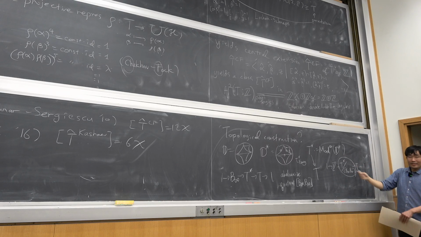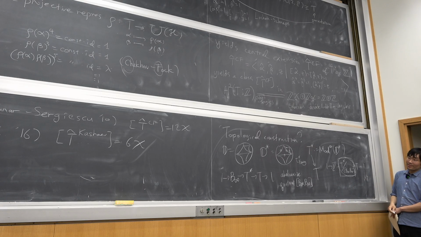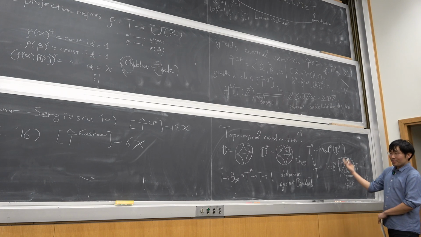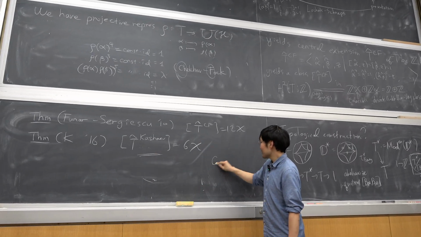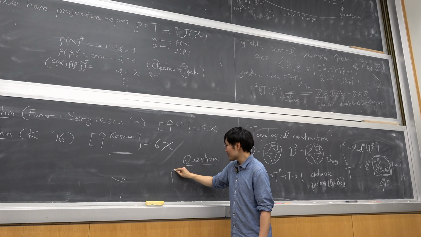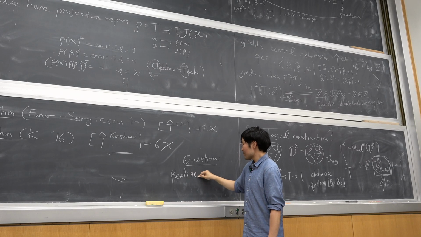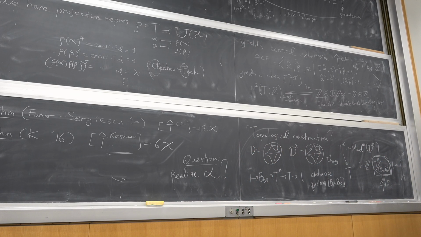And you can prove that this is central. So this is another central extension of T. And the theorem of Funar and Sergiescu is that this is isomorphic to the Chekhov-Fock central extension that we have seen. And there's a similar way of realizing this guy. And the question, which I will end my talk with, is how to realize the Godbillon-Vey class. And I'll finish. Thank you.